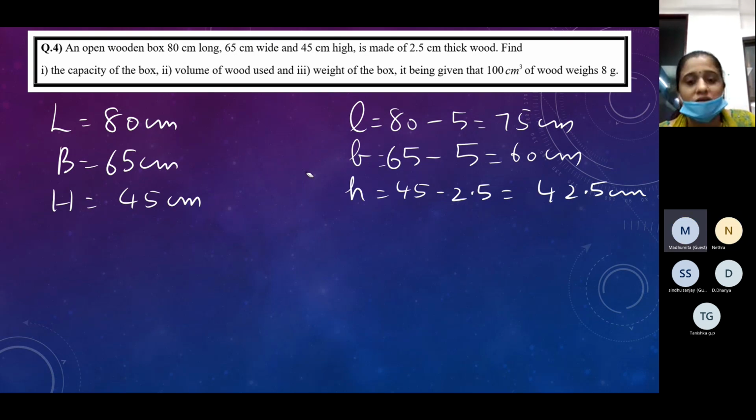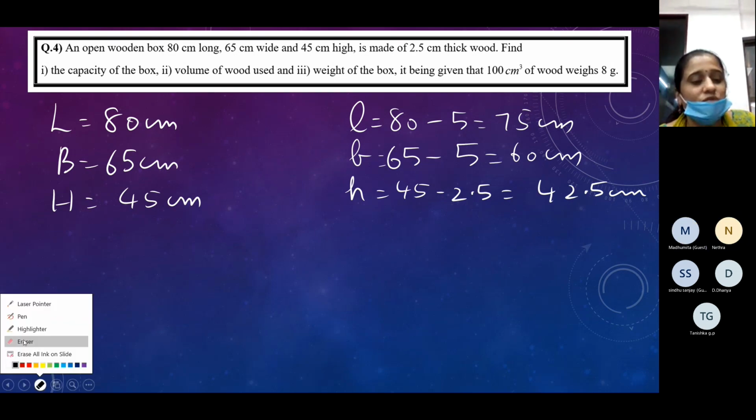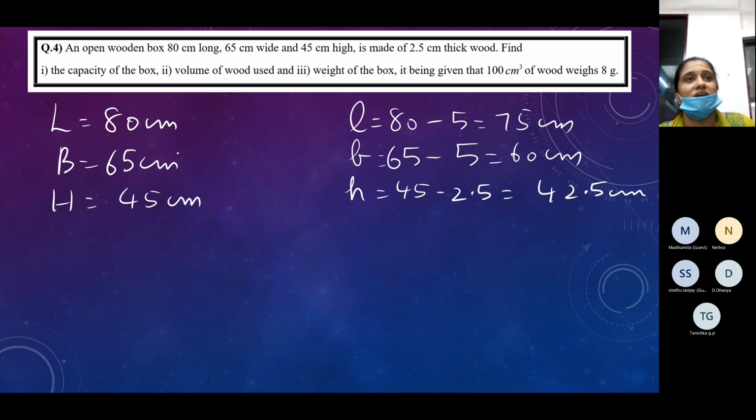Yes, ma'am. To find the capacity of the box, you should not take the external dimensions. You must take the internal dimensions. Inside, if you look, it's cuboidal only, and there you store things.